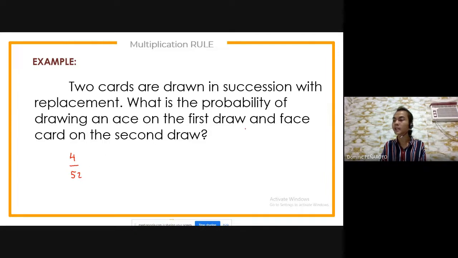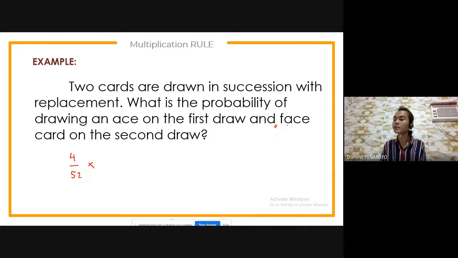So since we use here the conjunction "and," we will multiply times the probability that you will get the face card on the second draw. Since binalik naman yung card na unang nabunot, hindi naman maapektuhan yung second trial. Hindi naman maapektuhan yung cardinality natin or the total number of sample points natin kasi binalik nga naman.